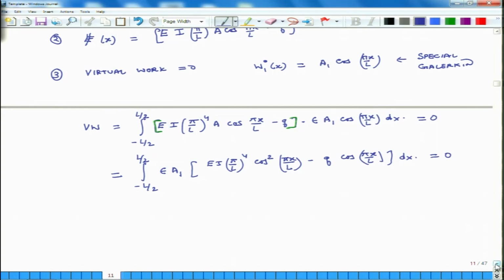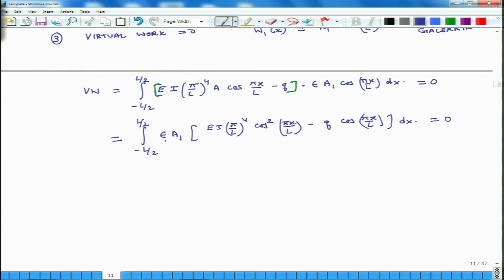Okay. Now, this epsilon is common to the whole thing, so I can ignore it, but later we will see in some cases this thing actually serves useful purposes. So, epsilon times A1 in this case can be ignored, and if I integrate this entire function, what is cosine square pi x over L?